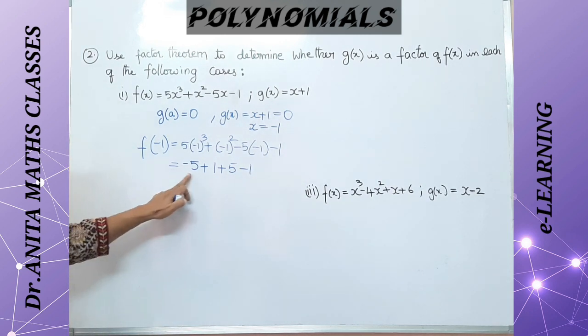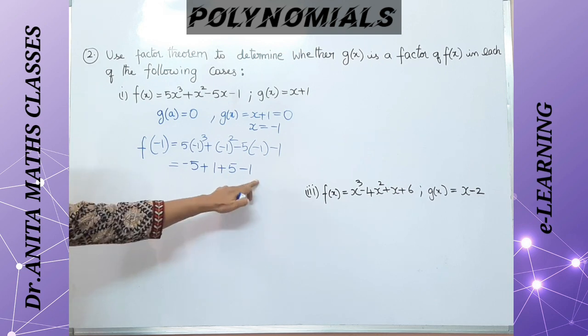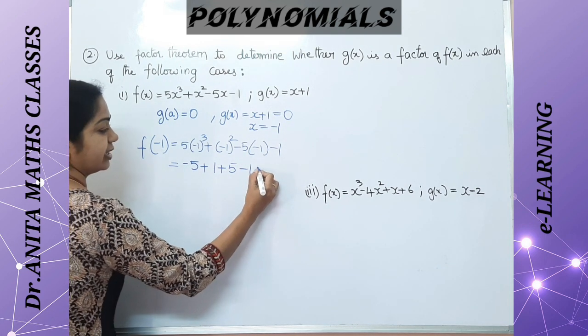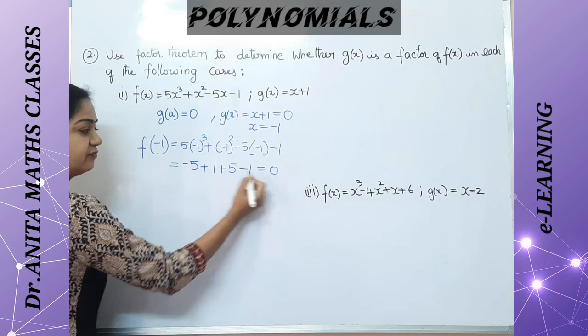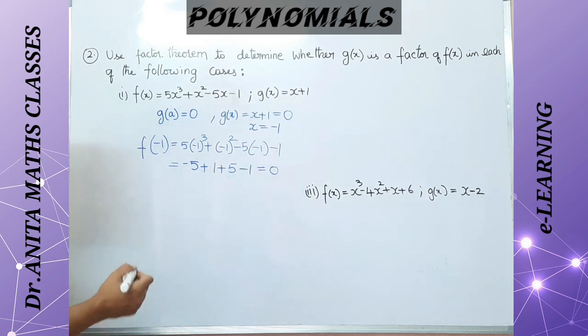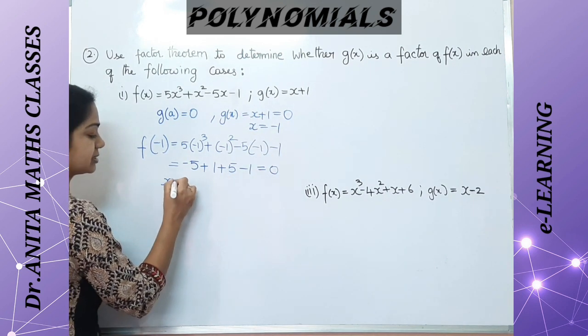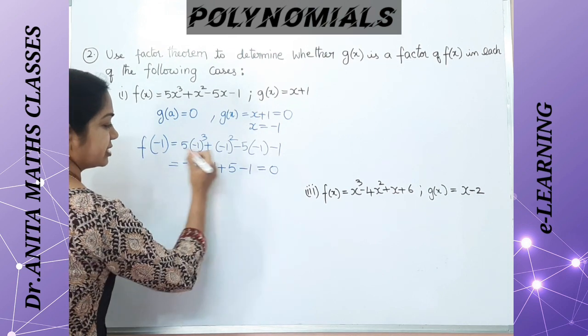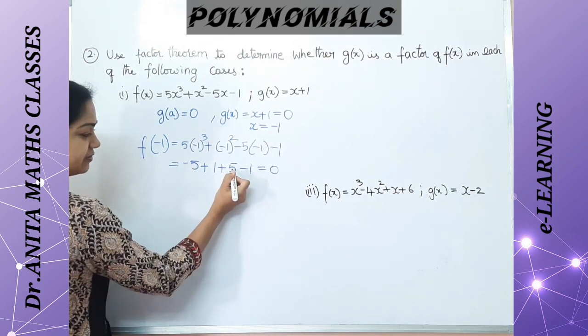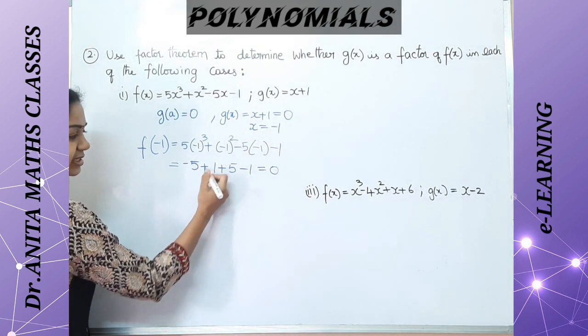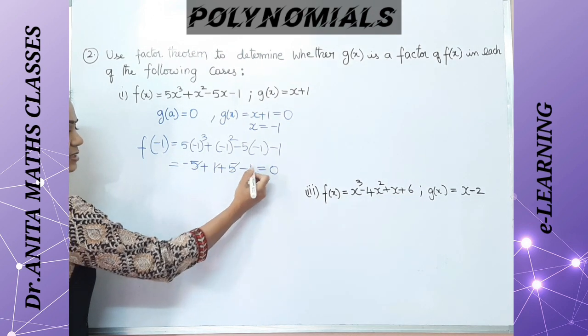Minus and plus get cancelled, so we get 0. So minus 5 plus 5 minus 1 plus 1, everything cancels, and we get 0.